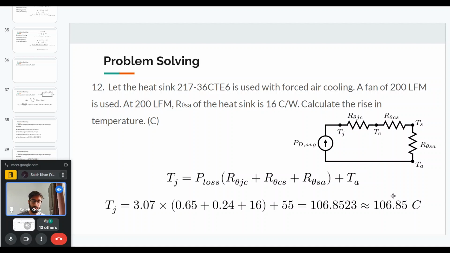So basically, the smaller the thermal resistance of the heatsink, the lower the junction temperature we will get for a particular power loss. However, the smaller thermal resistance also means that the heatsink is larger because it has to dissipate more heat, or it will have a more complicated cooling like forced air cooling or liquid cooling.